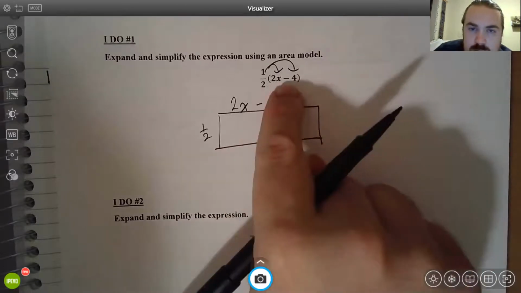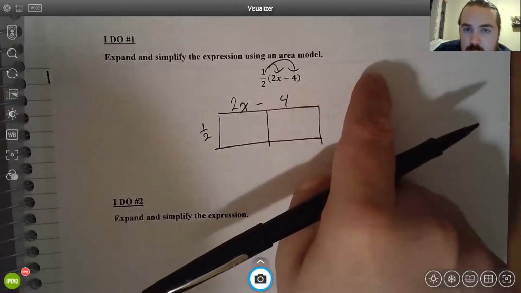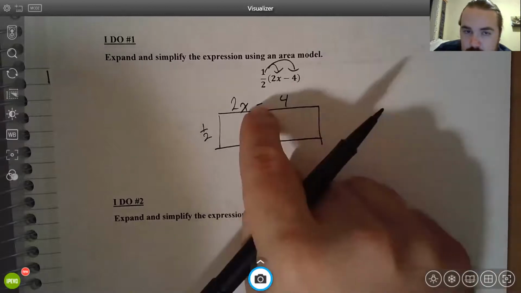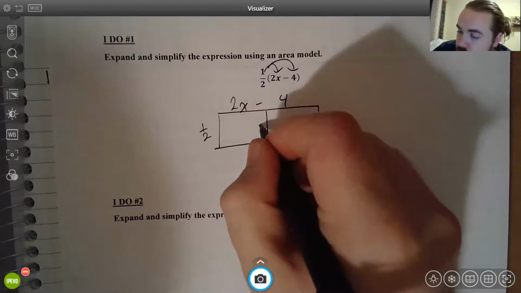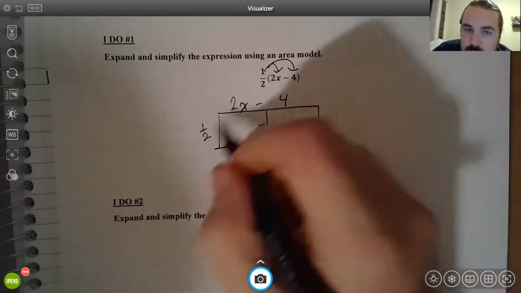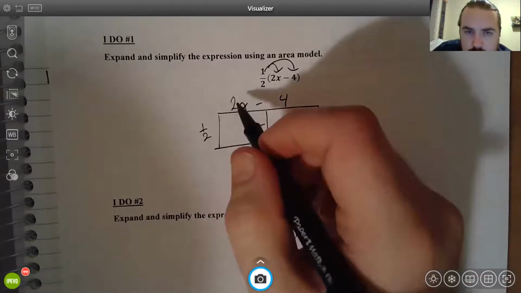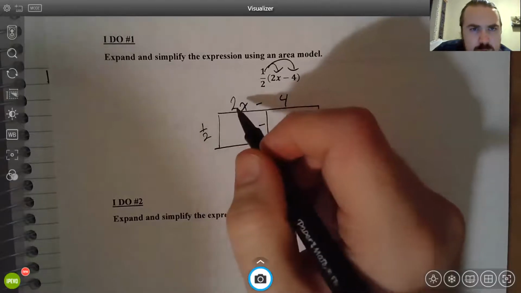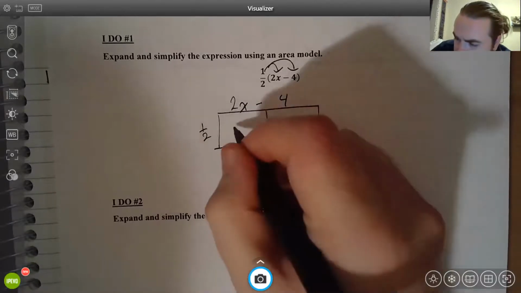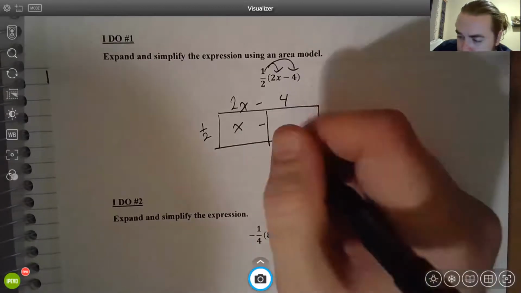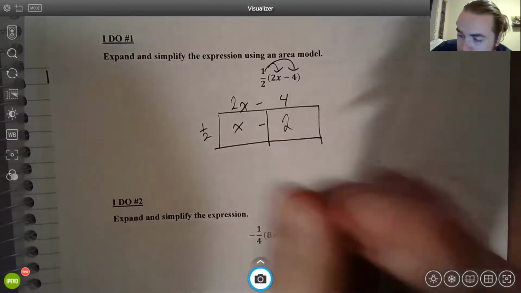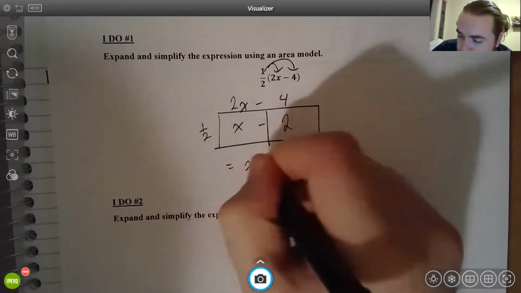You could make this 2x plus -4, but a lot of times I like to just bring this operation straight down because I know it's going to be subtraction. Now it's 1/2 times 2x. Well, 1/2 times 2 is 1, and 1 times x is just x. So this is just x. 1/2 times 4, half of 4 is 2. So our answer is very simply x minus 2.